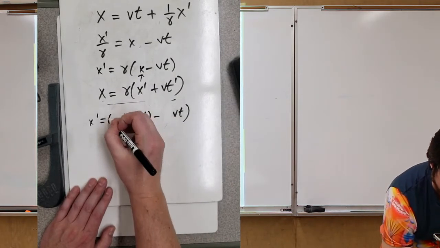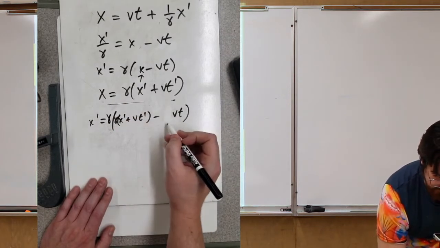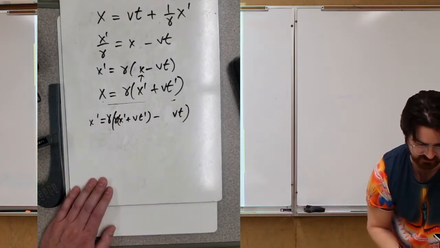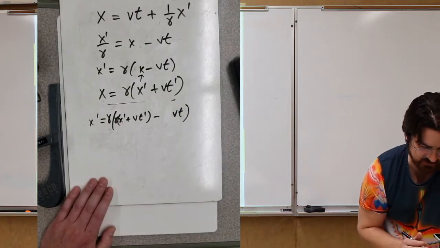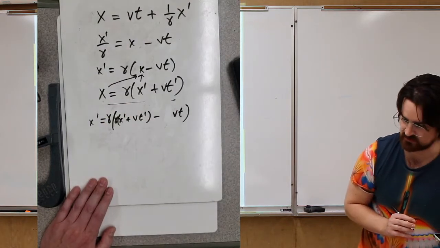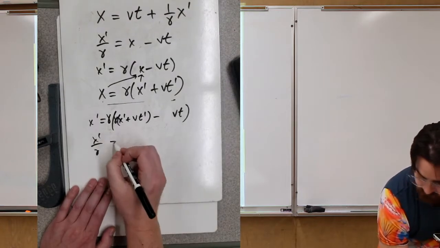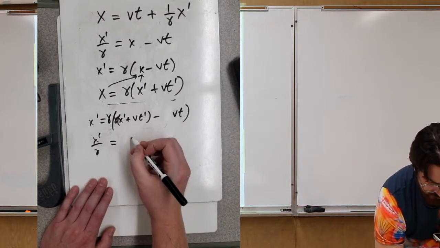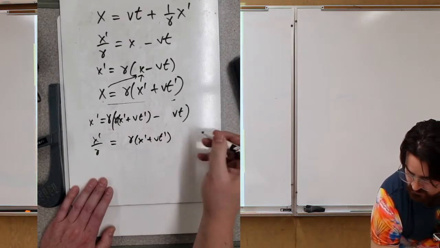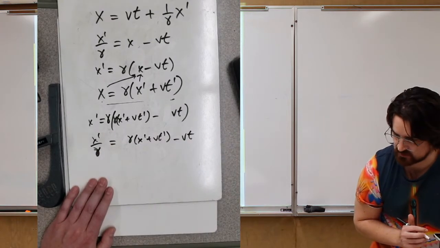Oh, that was why. There are two gammas here. And yeah, so this is x going into now the x prime. We're replacing x in the prime transformation here. Just dividing by gamma, get to there.